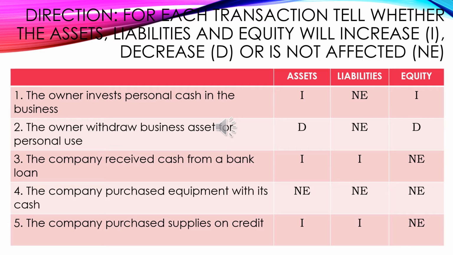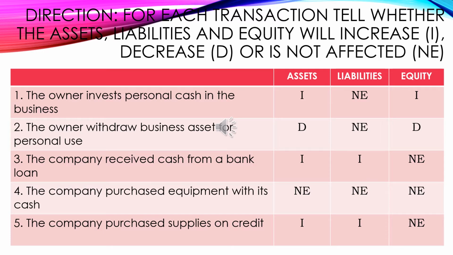So parang napalitan lang yung asset from cash, napalitan ng equipment. So but just the same, kung 20,000 yung worth ng equipment, 20,000 yung nadagdag sa asset, 20,000 din in a form of cash ang mapabawas sa asset ng business. So basically, there is no effect. So zero yung magiging effect sa asset.